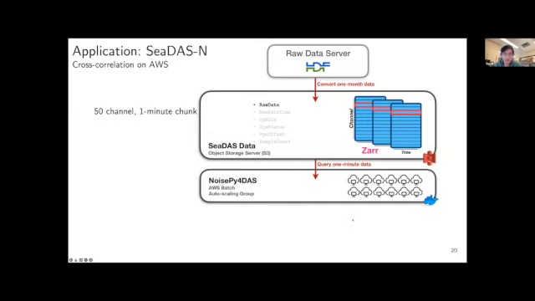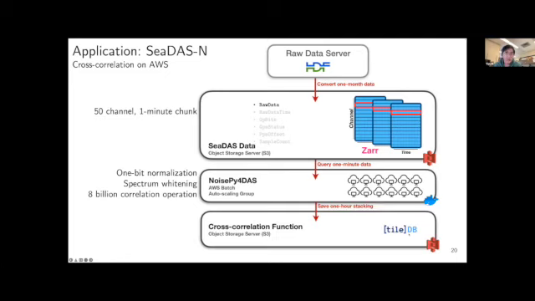The group will automatically manage the types and number of EC2 instances based on the job requirement. Each small job will request 3 to 8 hours of DAS data from the S3 bucket, perform correlation, and write the hourly stacked cross-correlation function directly to another S3 bucket. So a total of 8 billion cross-correlations were performed within 4 hours. And note that we made no data copy to the instance.